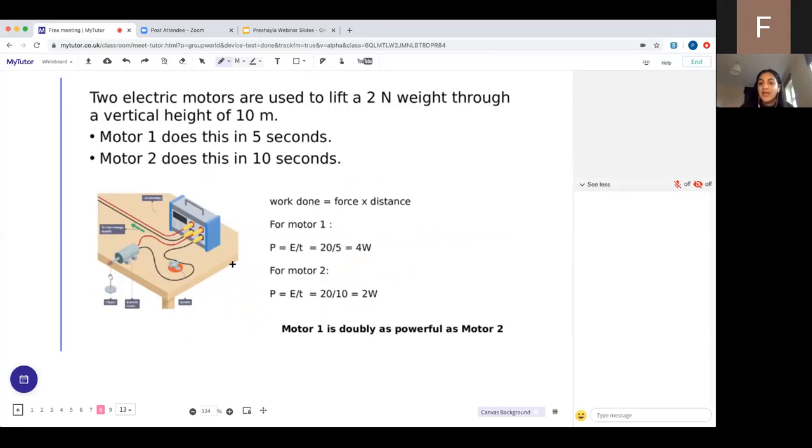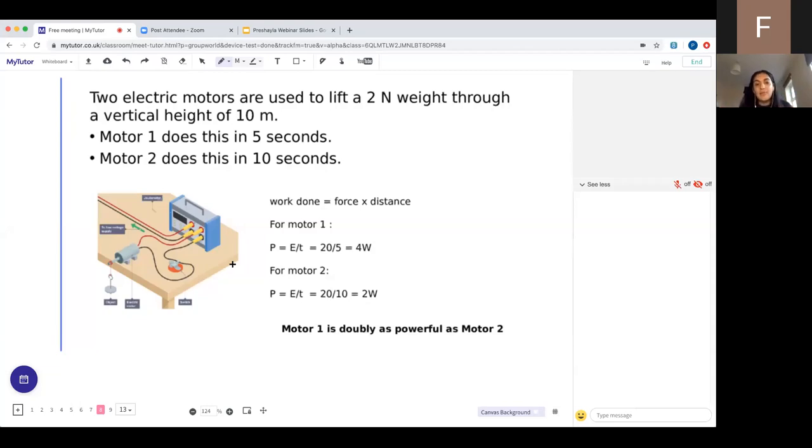We're doing that in both experiments with both motors. When we do this experiment, we find that motor 1 is able to lift the weight in only 5 seconds. But for motor 2, it takes 10 seconds. So motor 1 does it in half the time that motor 2 does.